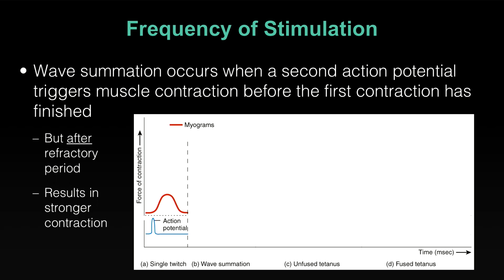From a higher baseline force that allows force to increase more than it would with one single twitch, which is shown here in the diagram. Importantly, this signal has to be sent after the refractory period is done. If it's sent during the refractory period, muscle is unresponsive. Luckily in muscle, the refractory period is 1 millisecond, so we don't really care.